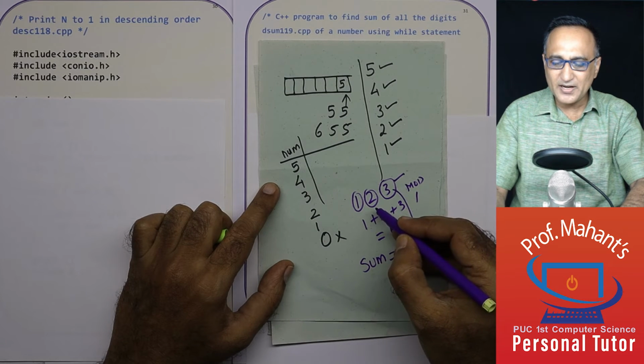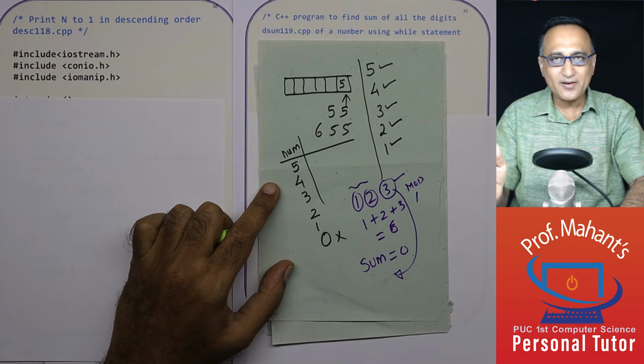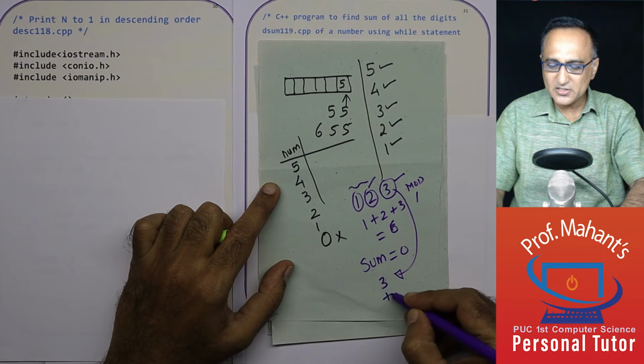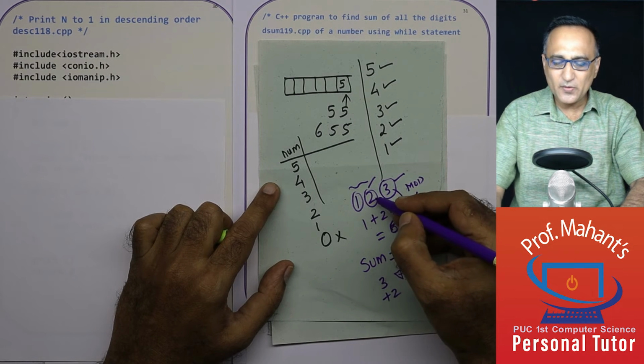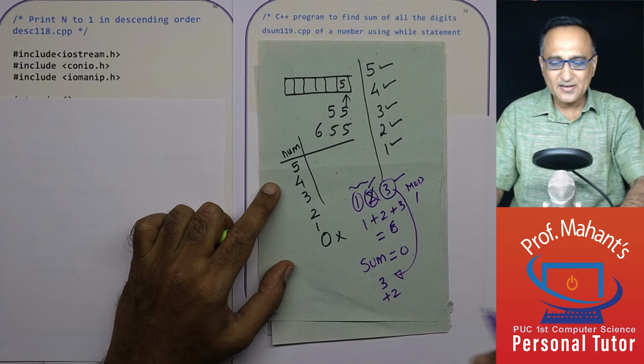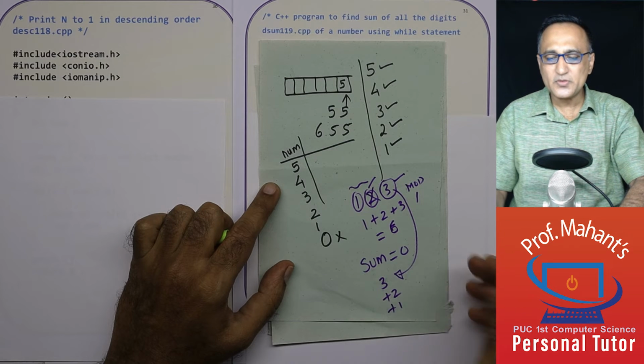Then next time after I do division, I'm only left with 12. Again I'll do 12 mod 10. I'll get this 2. So now it is 3 plus 2. Finally, if I divide 12 by 10, I am only left with 1. 1 mod 10, the remainder is 1.